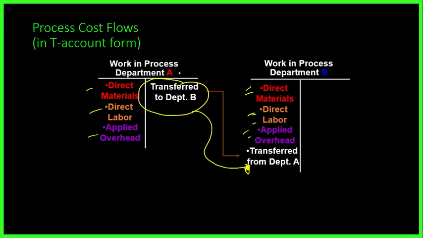And then, let's say, Department B is focused on finishing. Of course, you cannot refine or finish a product that is not yet assembled. So sometimes the transfer comes first. You record this transfer before you record direct materials, direct labor, and applied overhead.